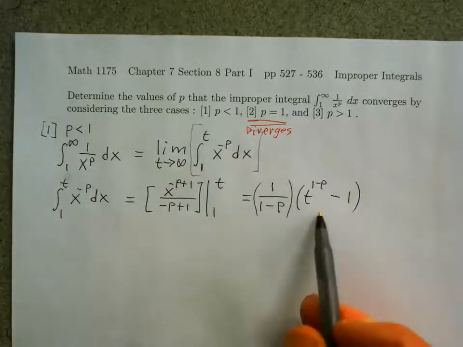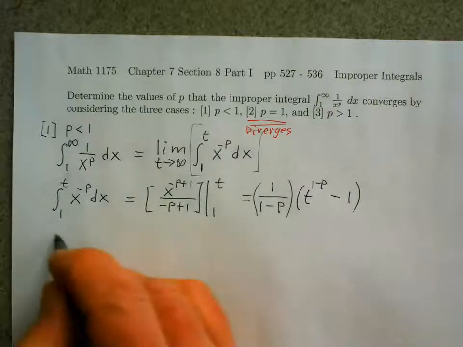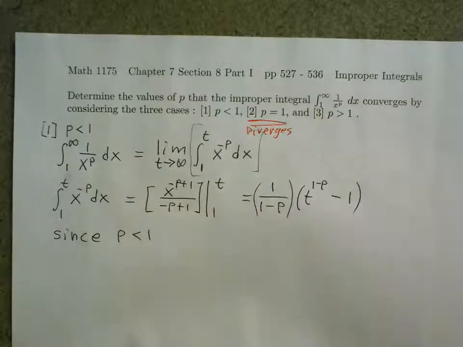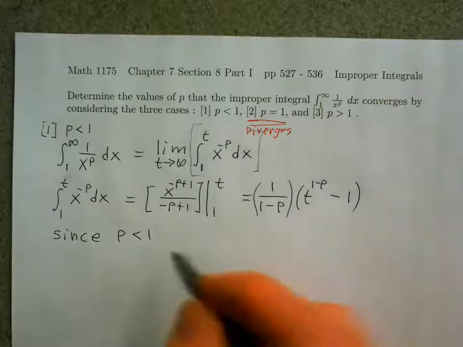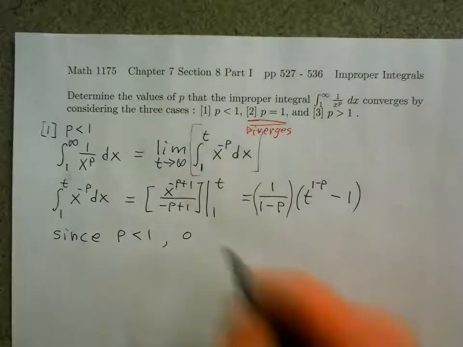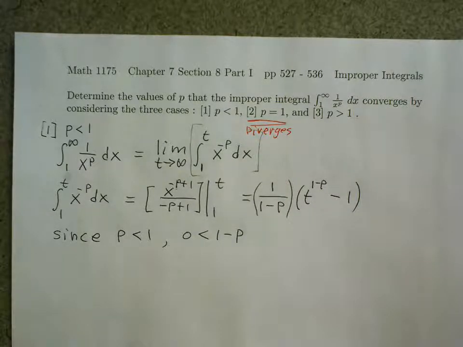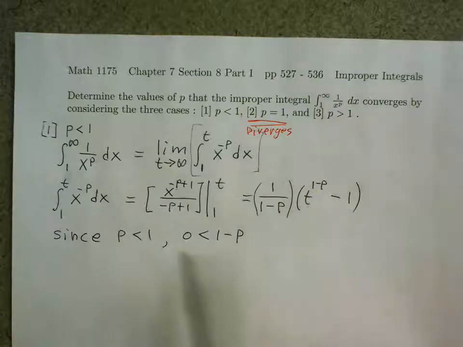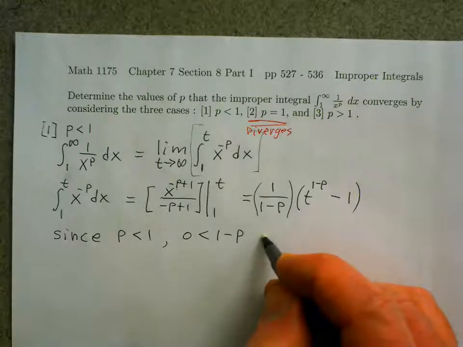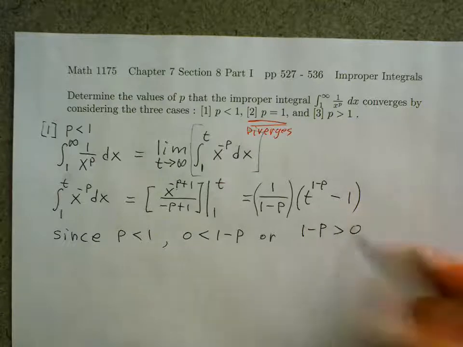So we want to compute the limit of this. And note that since p is less than 1 in this case, subtract p from both sides, 0 is less than 1 minus p, which is what our exponent is. But if 0 is less than 1 minus p, that means the same thing as 1 minus p is greater than 0.